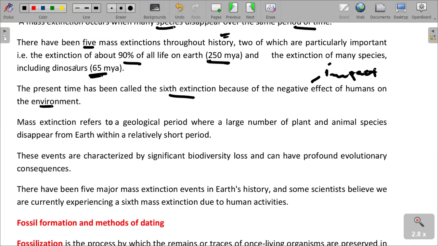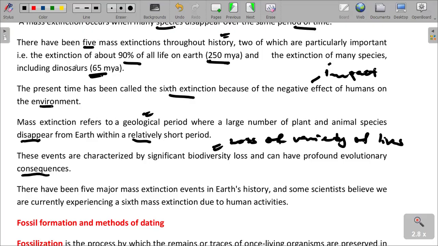So it is a geological period where a large number of plant and animal species disappear on Earth within a relatively short period of time. These periods are characterized by significant biodiversity loss, a loss of variety of life in terms of the organisms, and can also have profound evolutionary consequences.